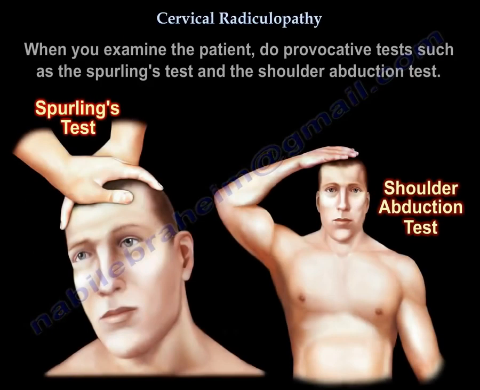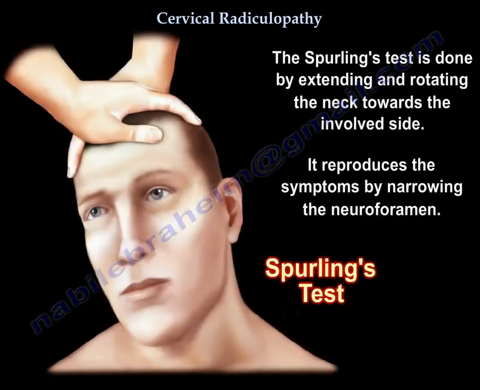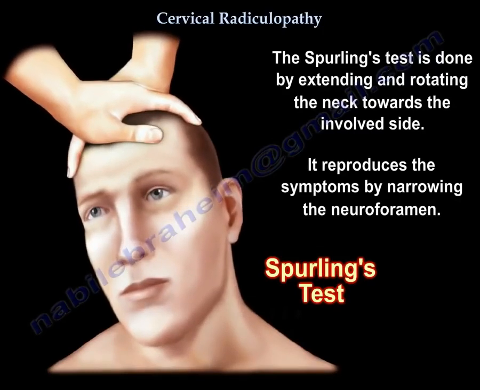When you examine the patient, you will do the provocative tests such as the Sperling and the shoulder abduction test. The Sperling test is done by extending and rotating the neck towards the involved side. It reproduces the symptoms by narrowing the neuroforamen.